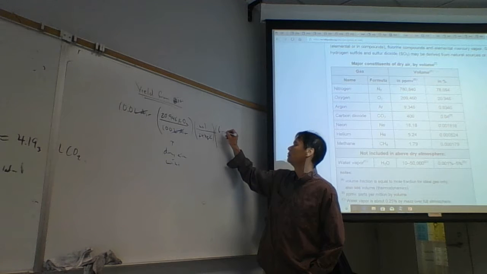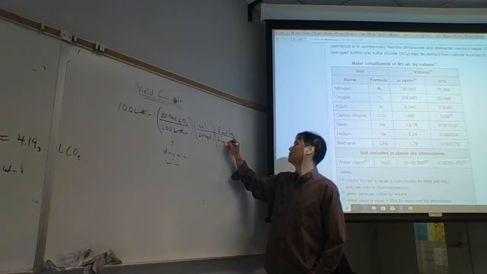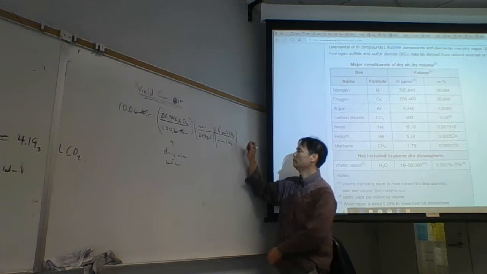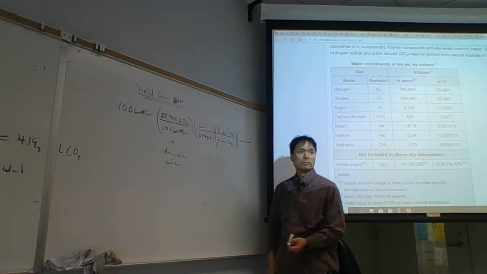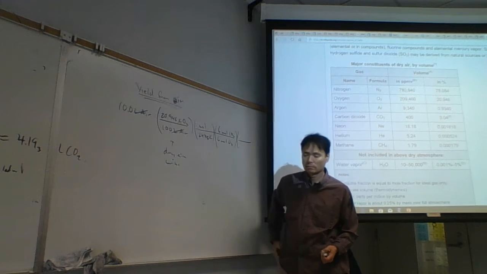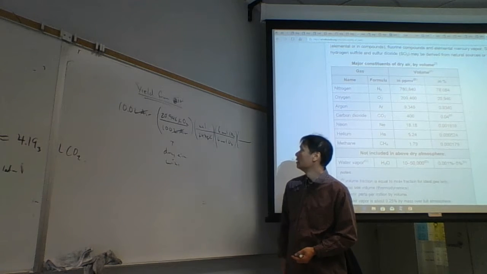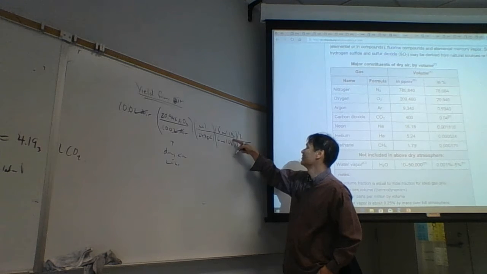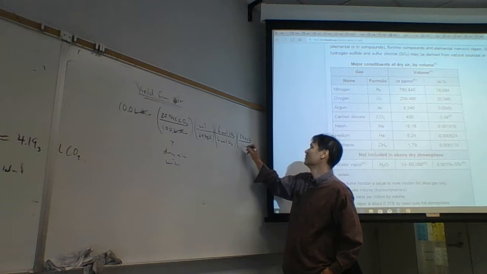moles of CO2. Yeah, so 6 moles of CO2 for every 6 moles of O2. And then from moles of CO2, I'm going to go to liters of CO2, with 1 mole being 24.45 liters.